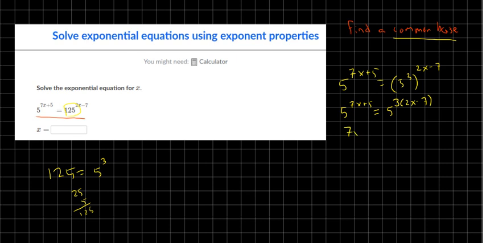So I can say 7x plus 5 has to equal 3 times 2x minus 7, which is 6x minus 21. And then I can just solve for that, and I'll get x is equal to negative 26. And when I type in x is equal to negative 26 over here, I'm going to get it right.